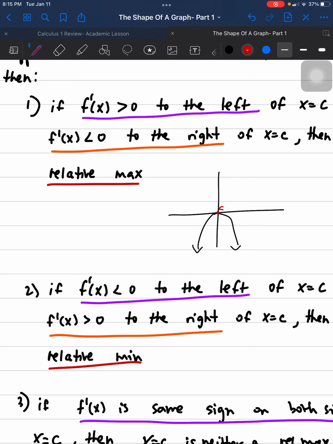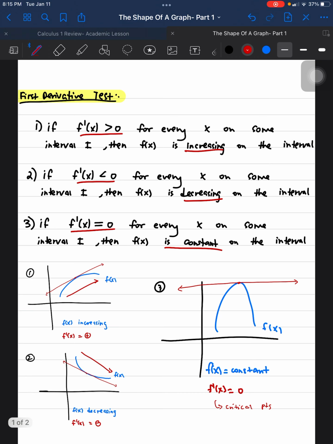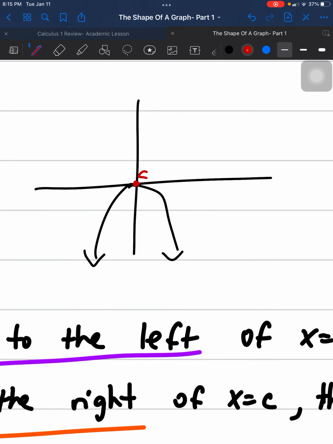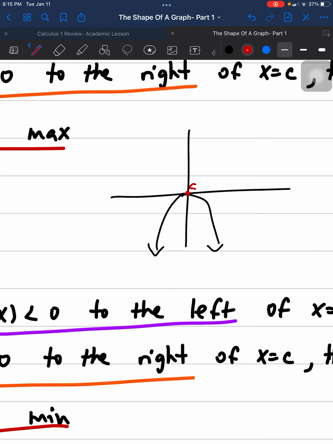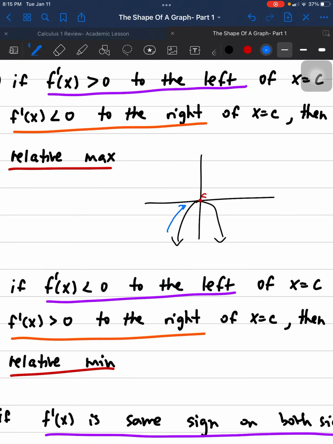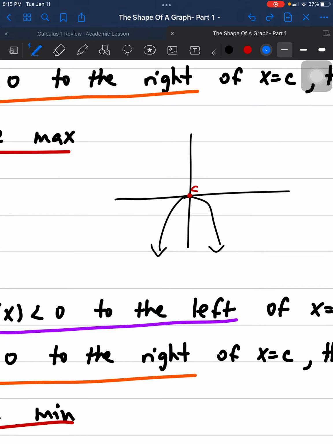So the first condition says that if f prime of x is positive, what we already determined is that the function is increasing. So you see the left part of this function is actually increasing.